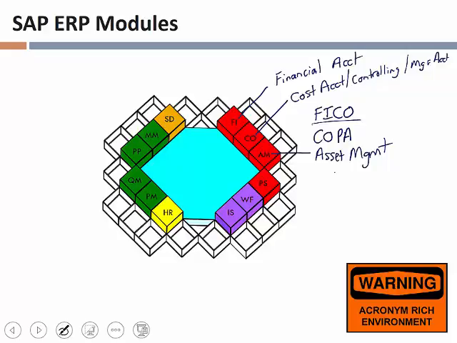What's one example of one of the key elements in asset management? What's that? Plant could be a part of it, absolutely. But what is another key focus of asset management that relates to accounting type things?